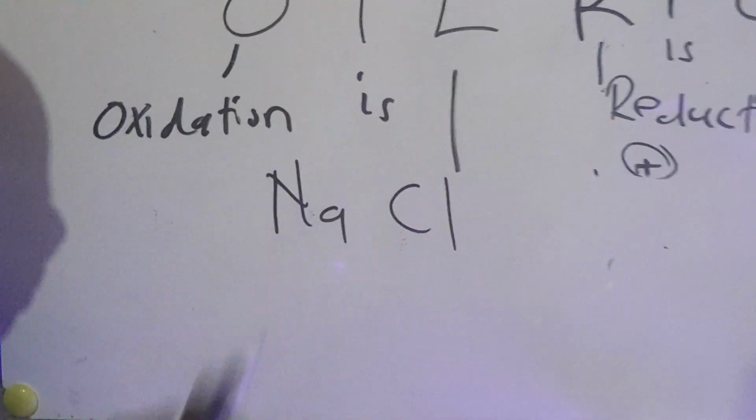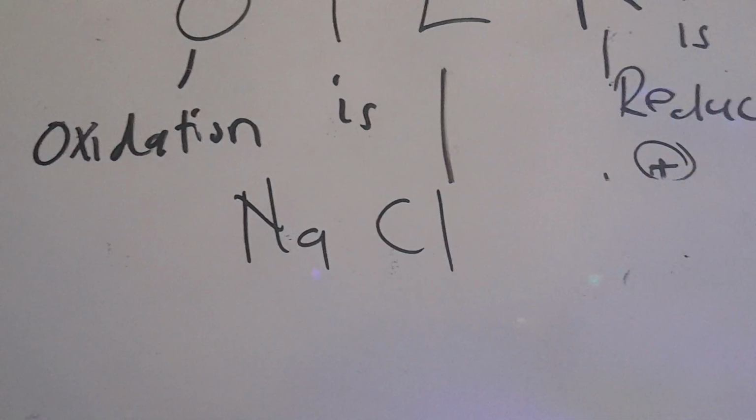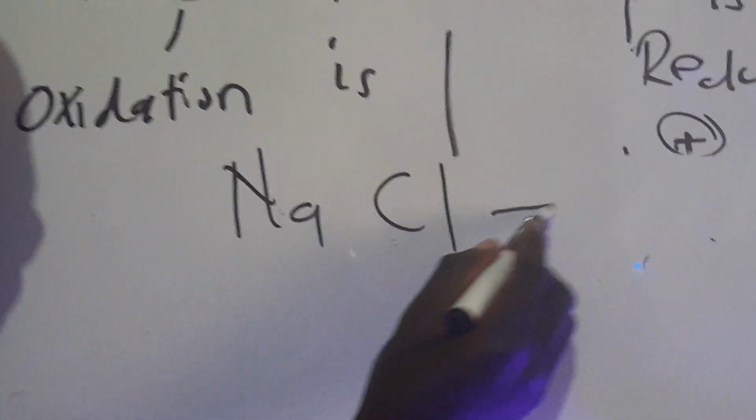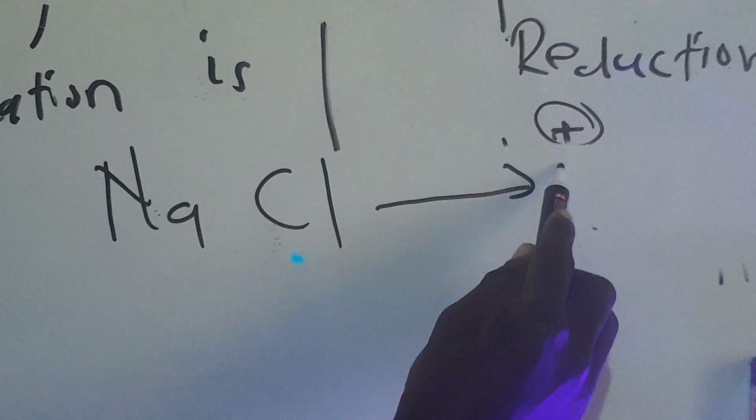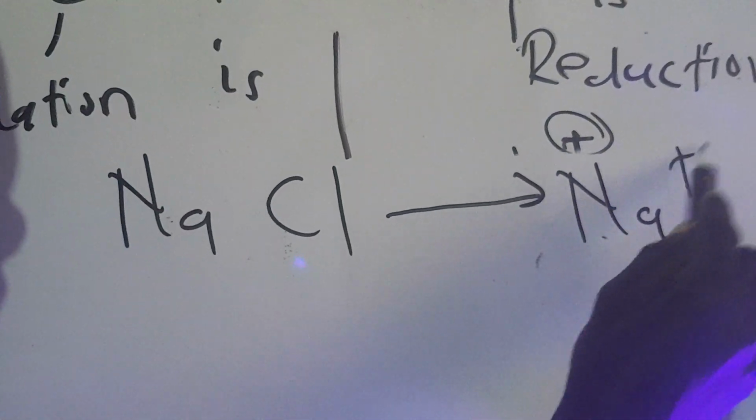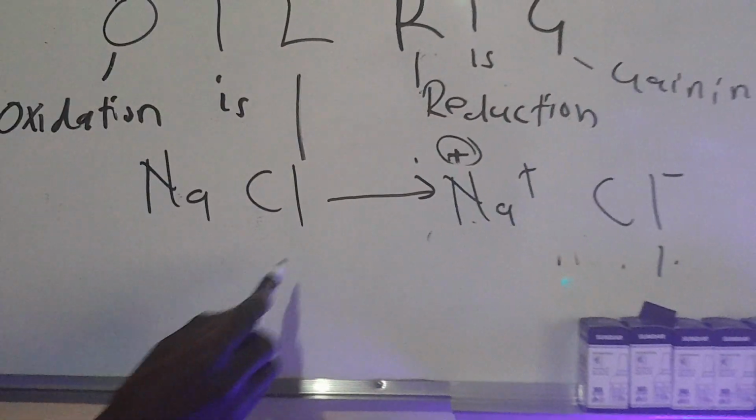and chlorine. This sodium chloride is a salt. So these two, when they undergo ionization, give us sodium ion and chloride ion. This is chlorine.